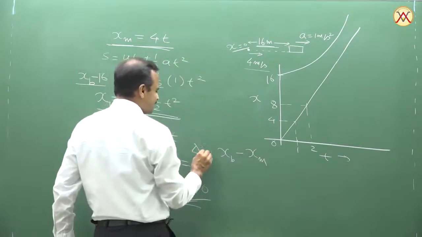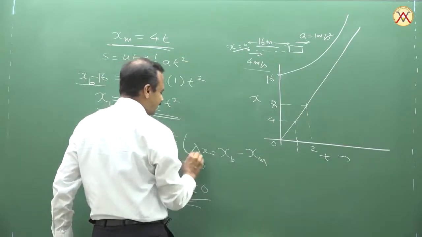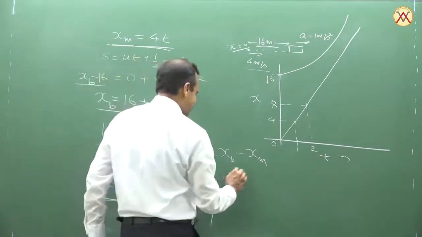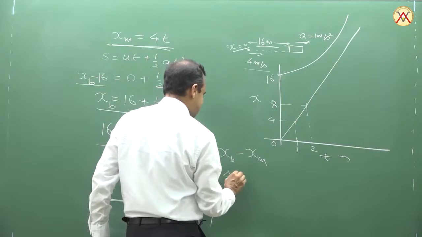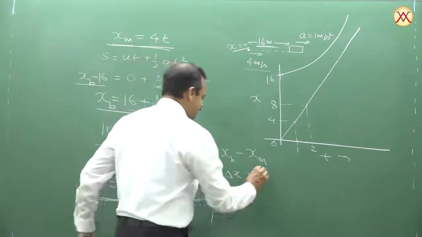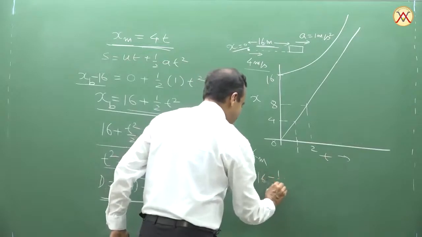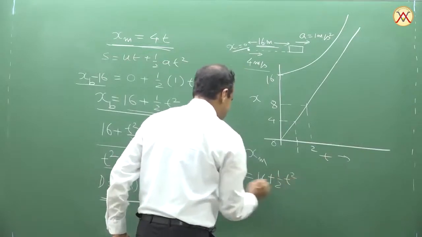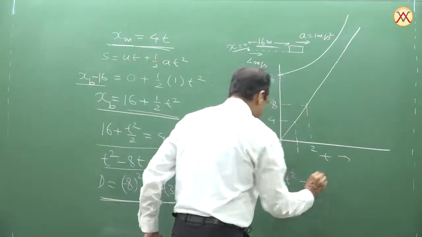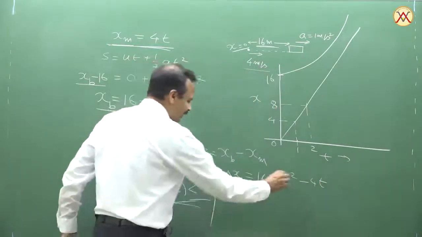Let's call this separation function delta x. So delta x we can write as 16 plus half t square, which is xb, minus xm, which is 4t, and we will minimize this.